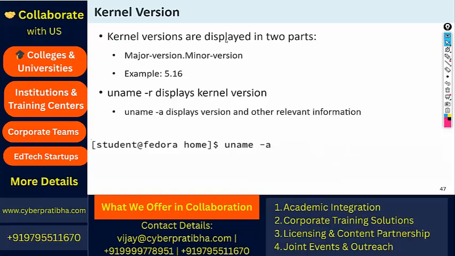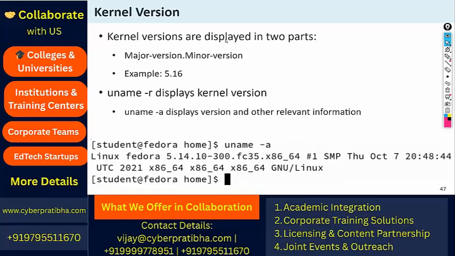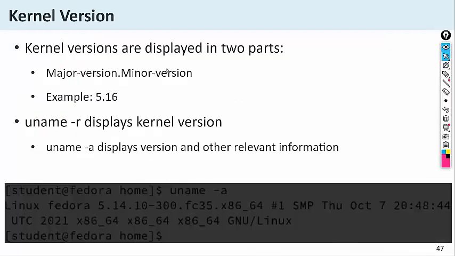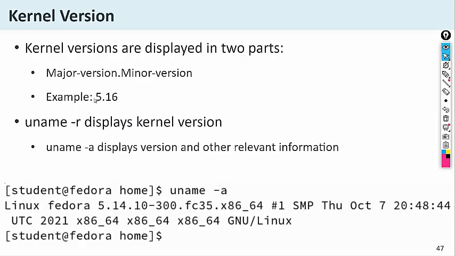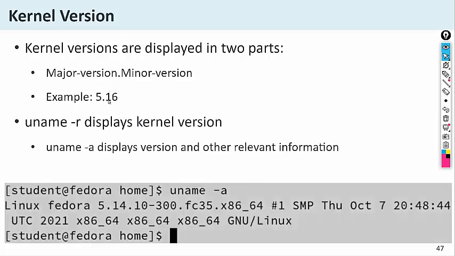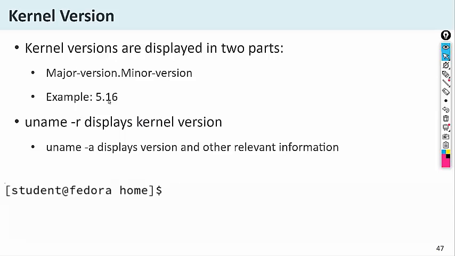Kernel version: there are two parts in a kernel version. One part is called the major version, and the other is the minor version. For example, 5 is a major version and 16 is a minor version. What does this mean?